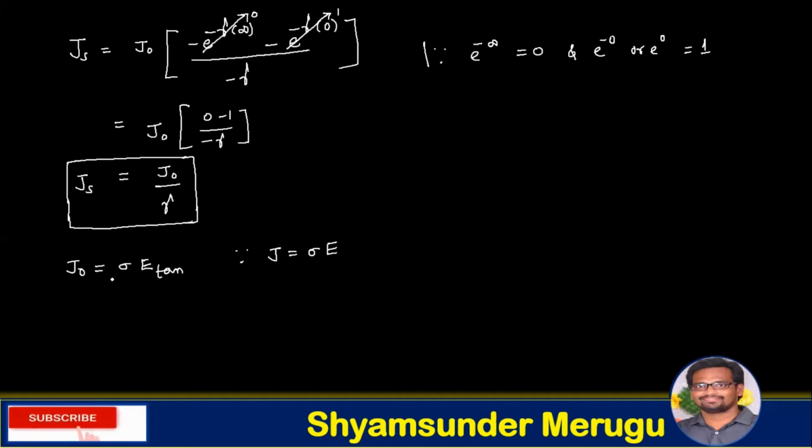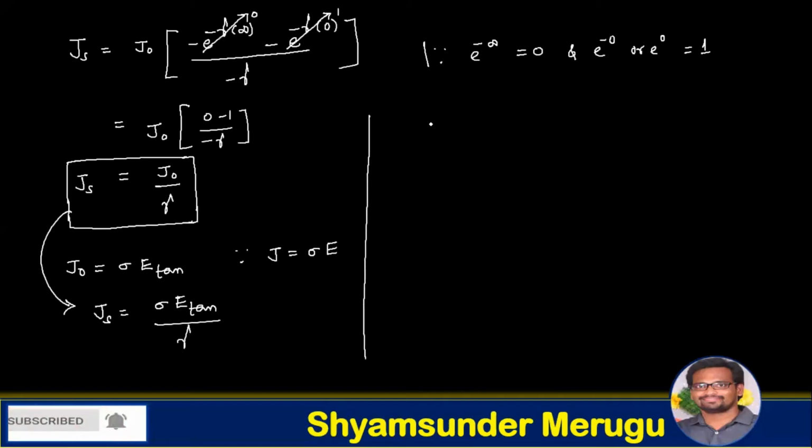Now we know what J naught is. By substituting this in the above expression, Js becomes sigma E tan by gamma. Now rewriting this expression, we get E tan by Js equals gamma over sigma.